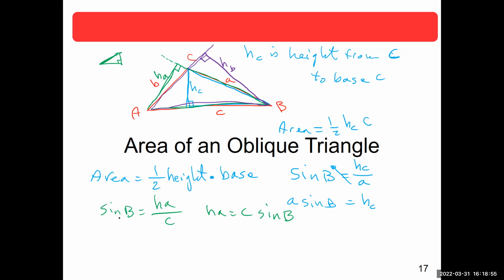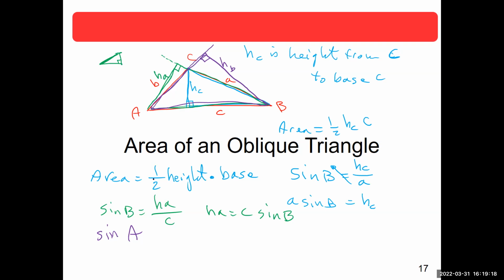Which angle? Like here, I said sine of B. What angle do I have to use this time? Sine of what? What is facing HB? That's the easiest way. What angle is facing HB? A. Because this is the right angle triangle. That's the big one.